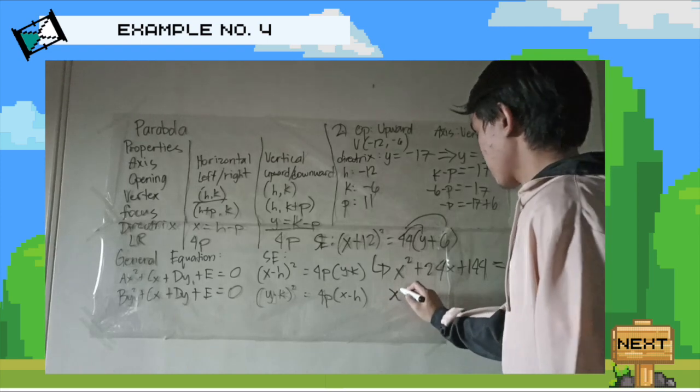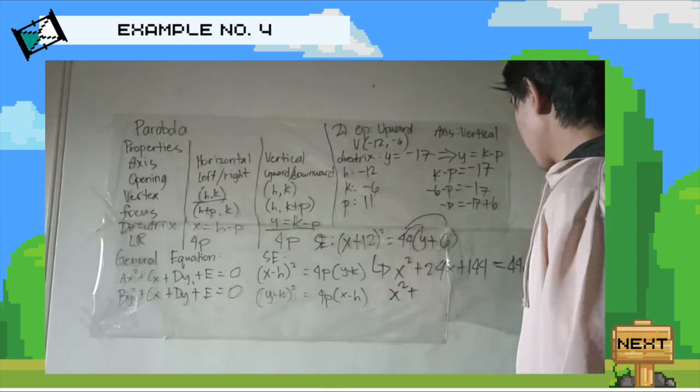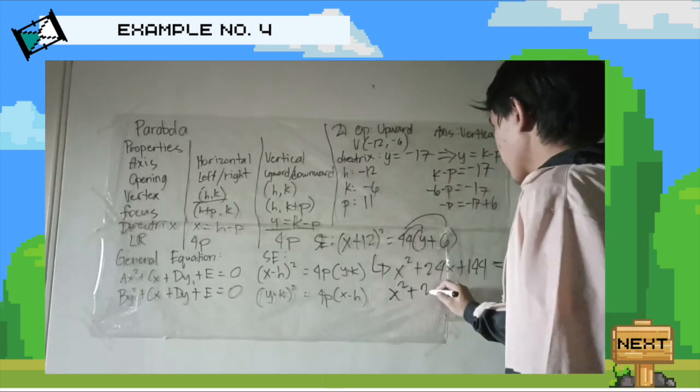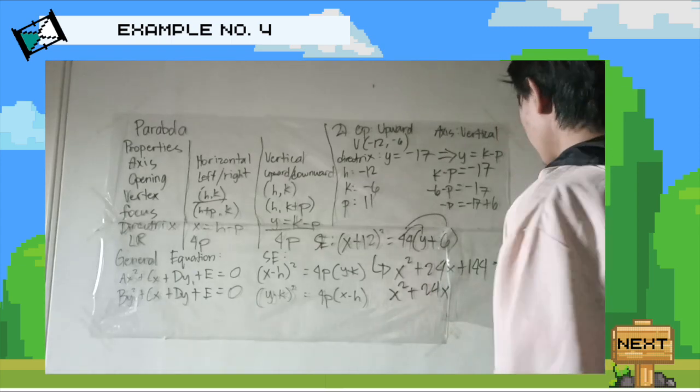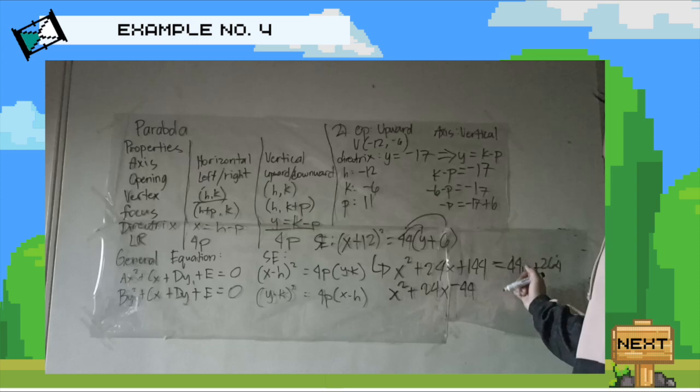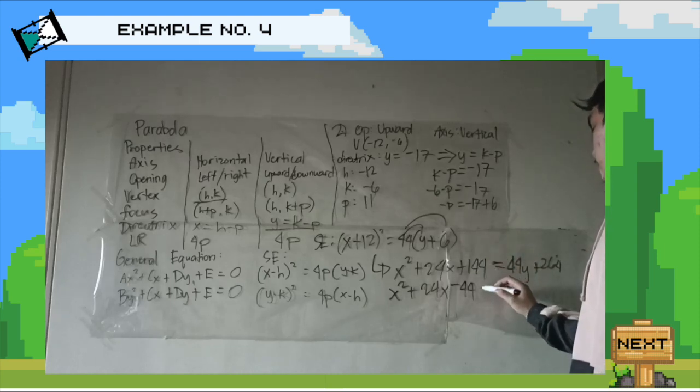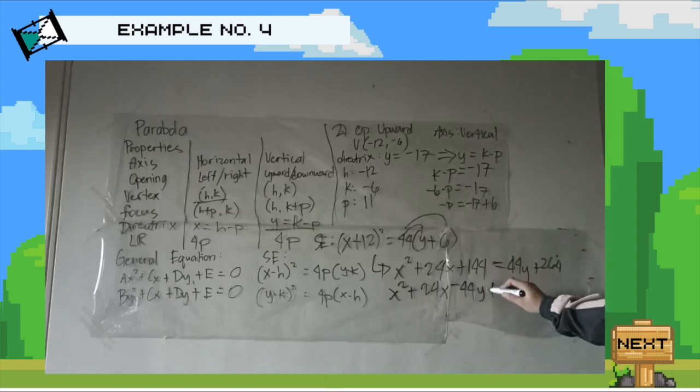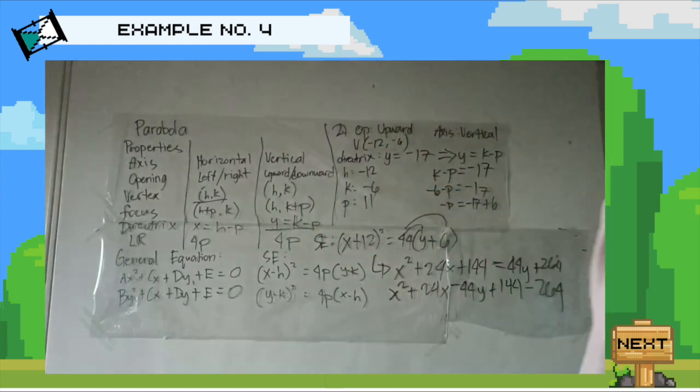So x squared plus 24x minus 44y. You move the 44y to the left hand side, therefore it will be negative, plus 144 minus 264, because you move the 264 to the left hand side to follow the format of the general equation.